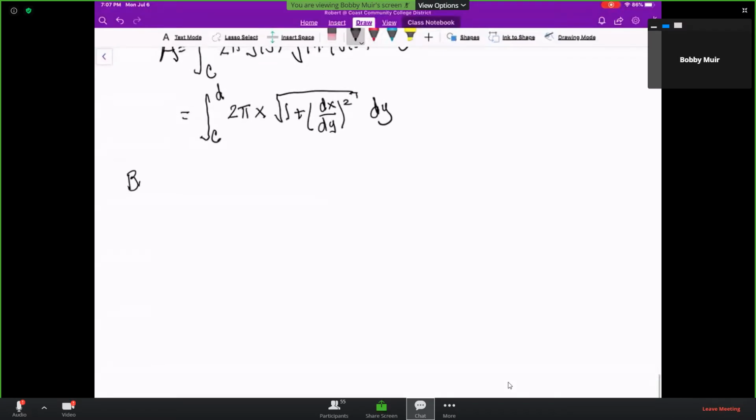In the book, he says, okay, well, if I'm revolving around the x-axis, the area is this integral from a to b of 2 pi y square root of 1 plus (dy/dx) squared dx.